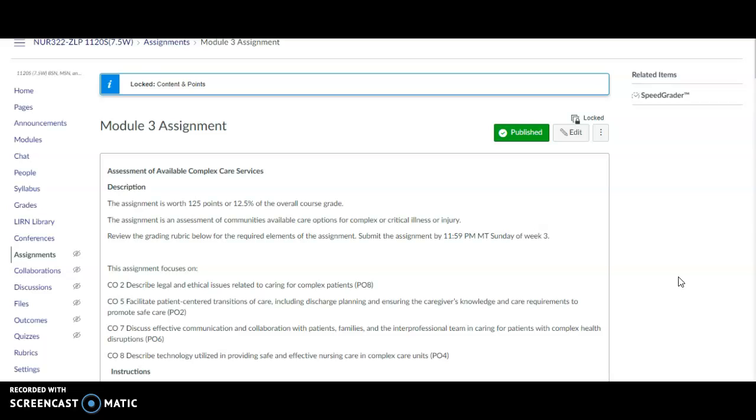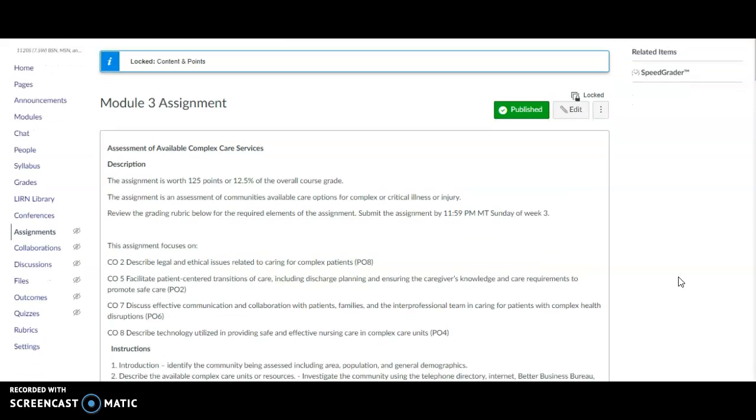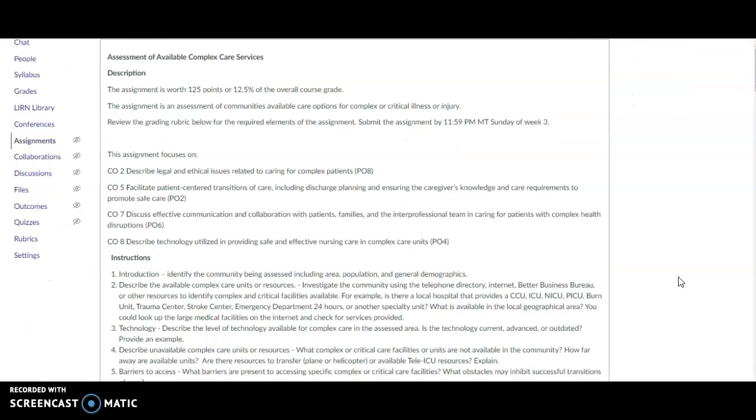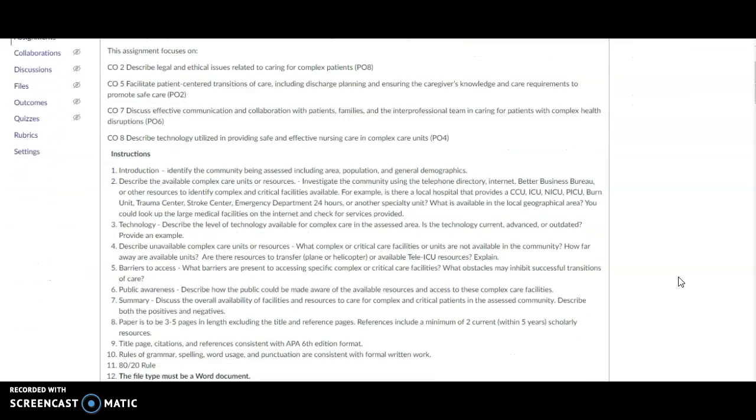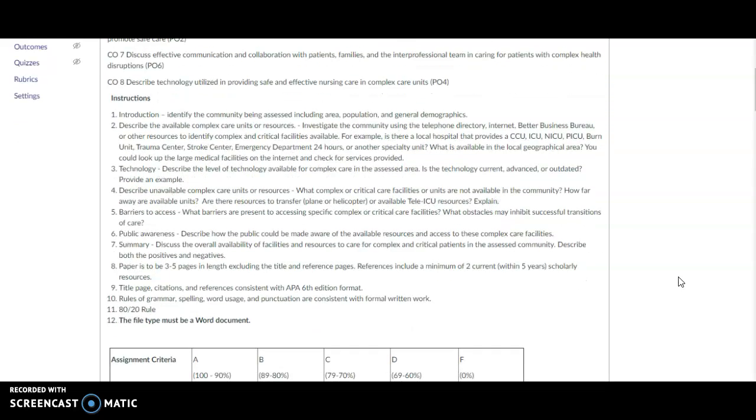That was looking at healthy living styles in the community where you live. This is assessing a community for availability of complex care units such as intensive care, burn units, cardiac care, anything that would be a specialty. This is worth 125 points. And again, it is a paper. The format is pretty much the same as NUR 312.